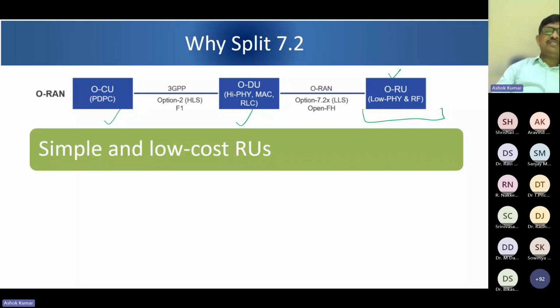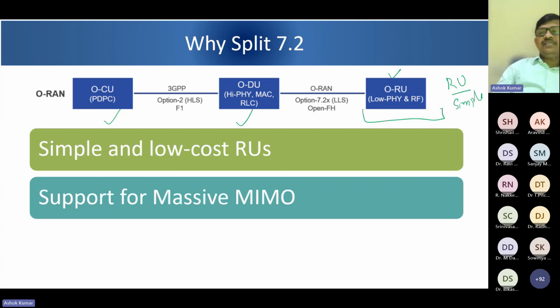So the first reason is that I can build an RU at low cost and simple, because it handles only the lower part of the physical layer. You can design a lower part of the physical layer, it will not be very complex, so cost will also be low. That's one reason. The second reason is that you can support a massive MIMO environment with this.